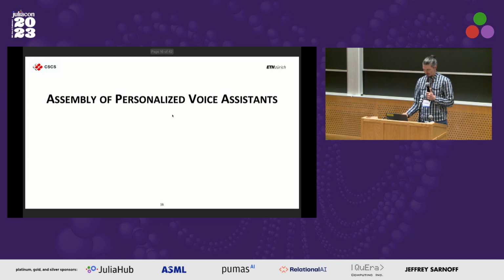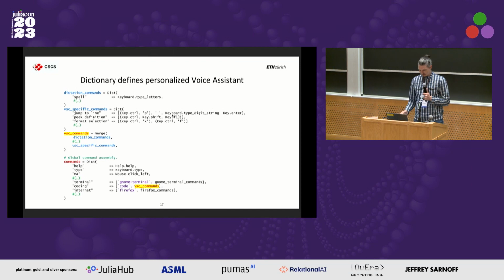All right, so much from the past. Now, how does it work concretely to assemble your personalized voice assistant? You see here at the bottom a dictionary, right? It says commands equal something.